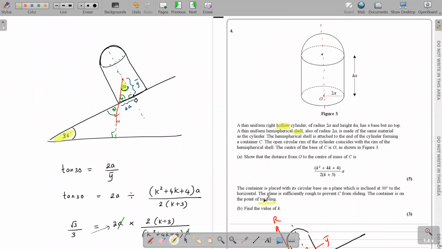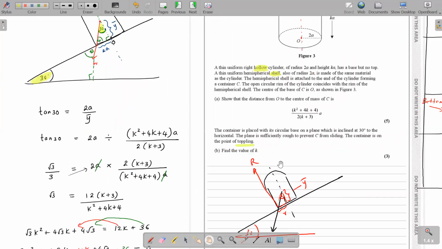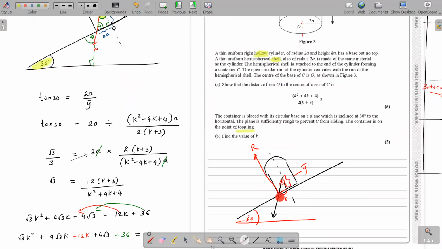So you need to recall the requirement for toppling, right, guys? I think we've done the theory parts, so I'm just going to quickly give you the overview. Basically, the weight needs to go through the very last point of this contact surface. This is the complete diagram, and this over here is the toppling point.